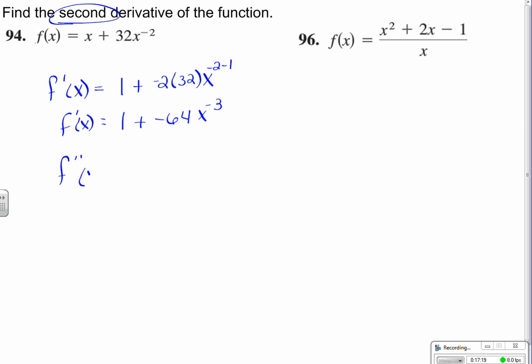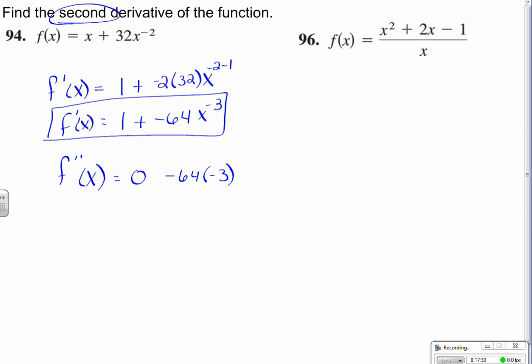Now let's take it into the second derivative. Derivative, and now we're working off of this one. Derivative of 1 is 0, and the derivative of the next term is going to be -64 times -3, and then x to the -3 minus 1. This will turn out to be positive, and now let's quickly take 64 times 3.